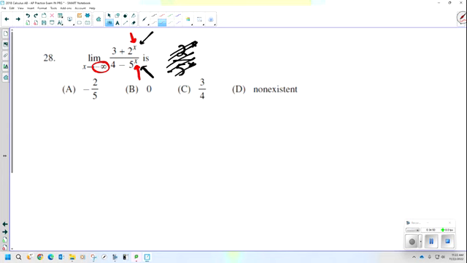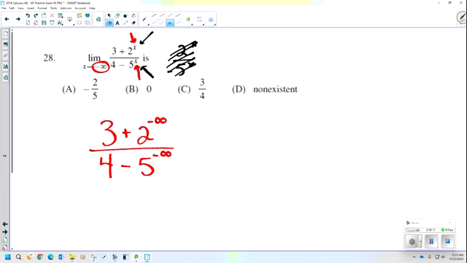What do I mean? Well, I have 3 plus 2 to the negative infinity. I'm going to go ahead and plug that in, all over 4 minus 5 to the negative infinity. What do I do with negative exponents to make them positive?